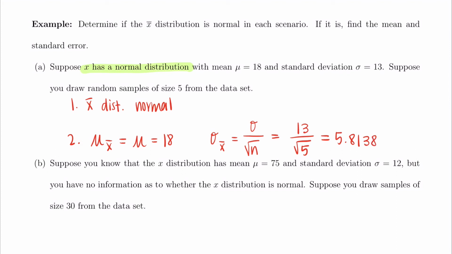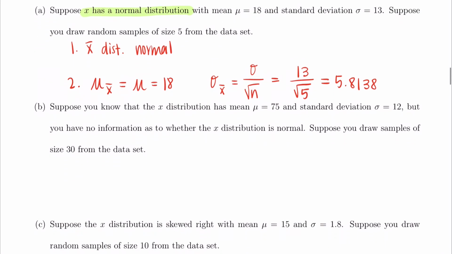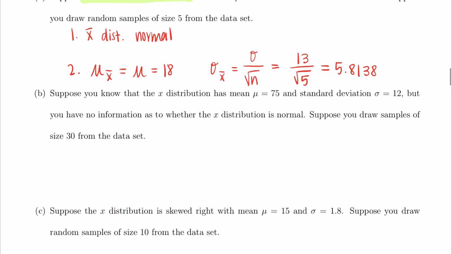Now let's move on to part B. Part B says, suppose you know that the x distribution has mean 75 and standard deviation equal to 12, but we don't know whether the x distribution is normal or not. And we're going to draw samples of size 30 from the data set. So here, we do not know if the x distribution is normal, so hopefully our sample size is at least 30, and it is.